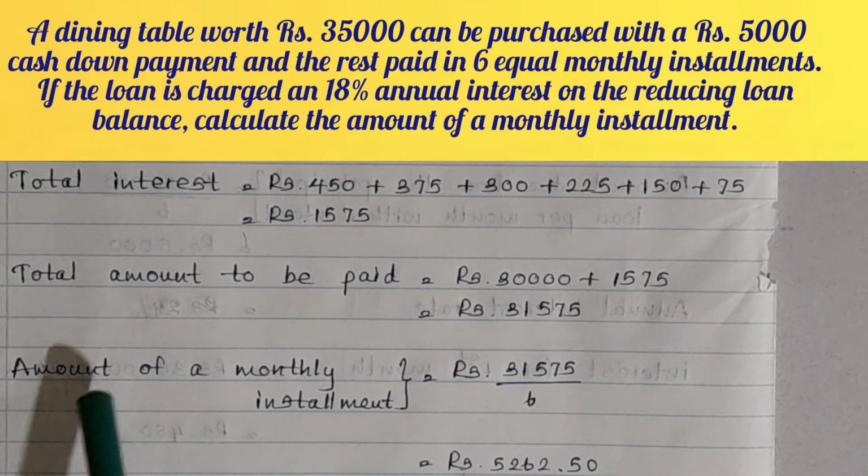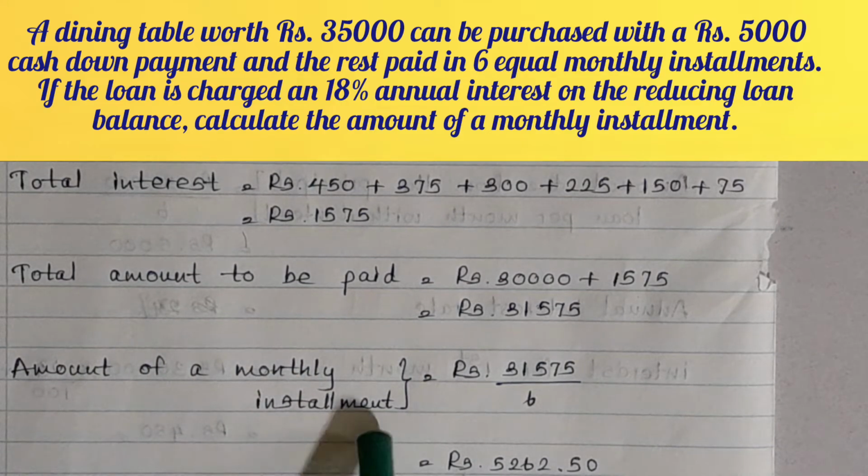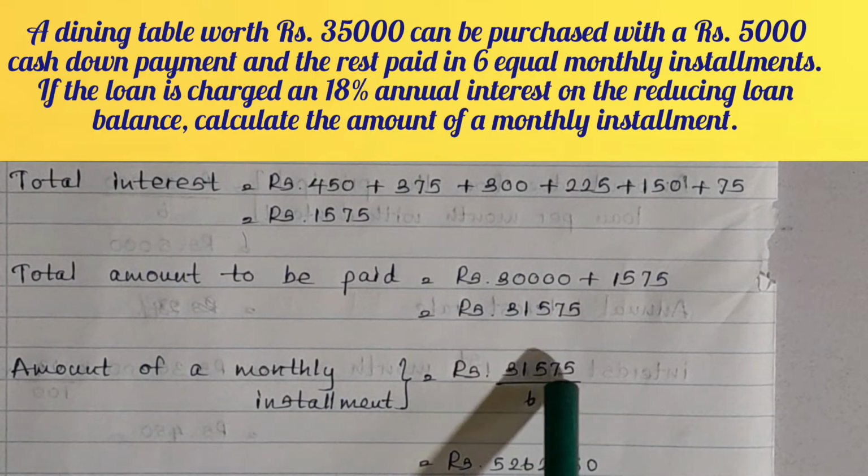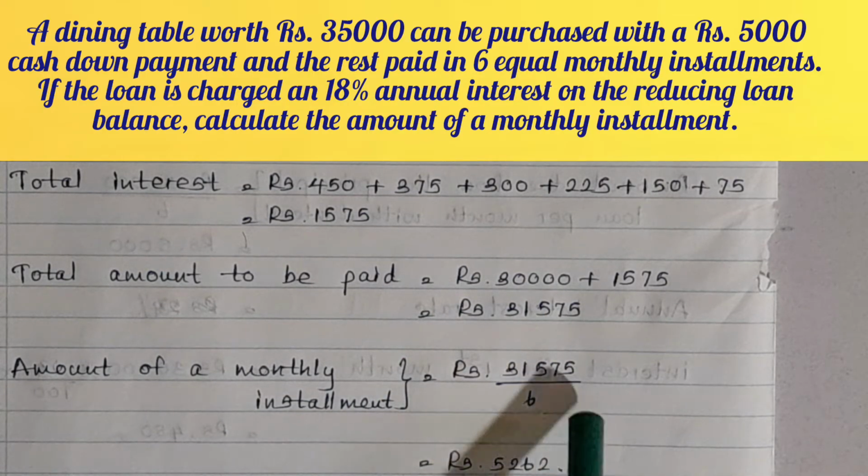Then amount of a monthly installment can be found by dividing this amount 31,575 by 6, the number of monthly installments. So the amount of monthly installments becomes 5,262 and 50 cents. That is the final answer.